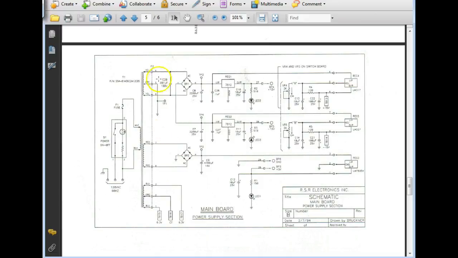Here, where's the common at? It's on the transformer. So even though this is an integrated bridge rectifier, they're using the two sets of diodes as a full wave center tap. I see this a lot because we can have one bridge and have both a negative and positive supply off of one bridge rectifier.